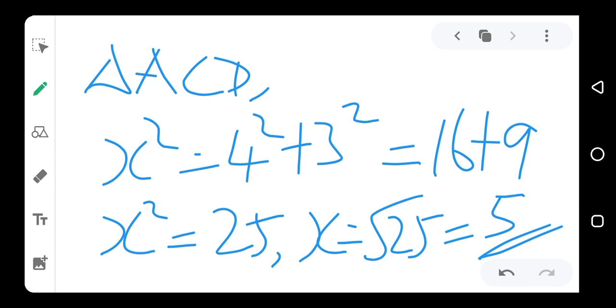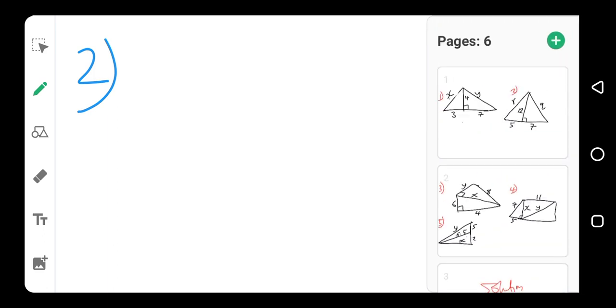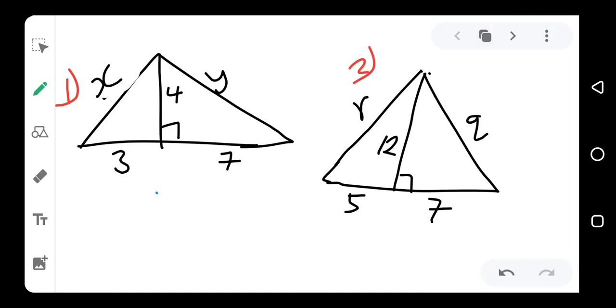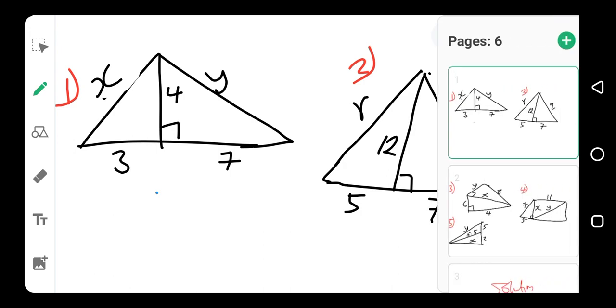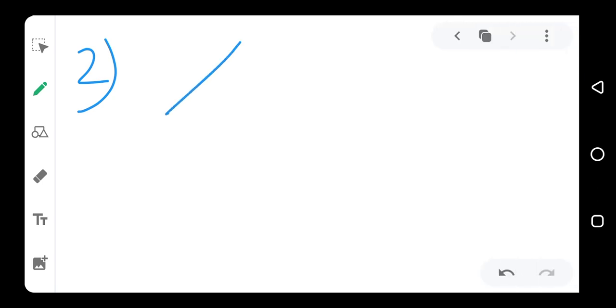This is the answer for this. Now for question number 2, this is the triangle. Okay, let me draw it. The triangle is, this is a triangle.